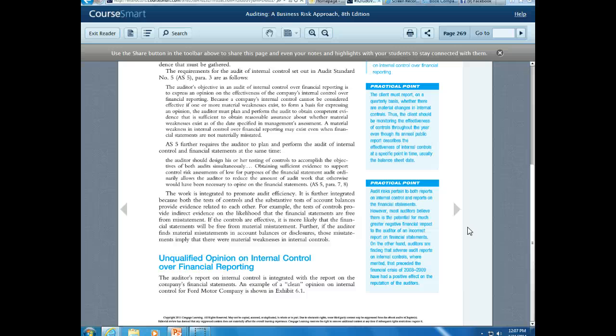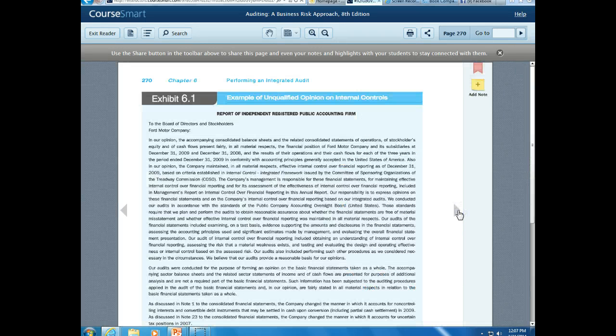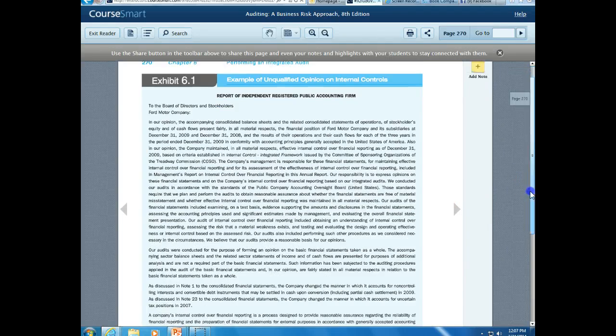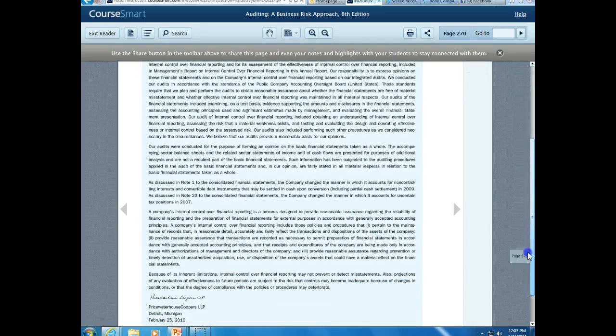Likewise, on the contrary, a bad opinion would be considered an adverse opinion. So we're going to talk about specifically how an auditor needs to report on the opinion and what companies they're required to report on.